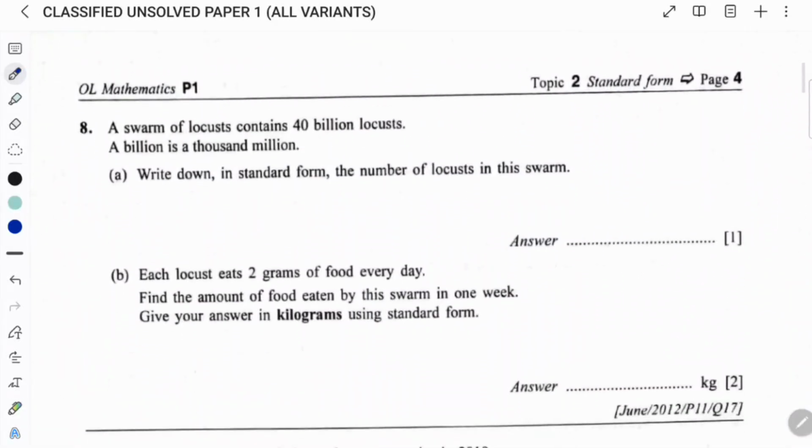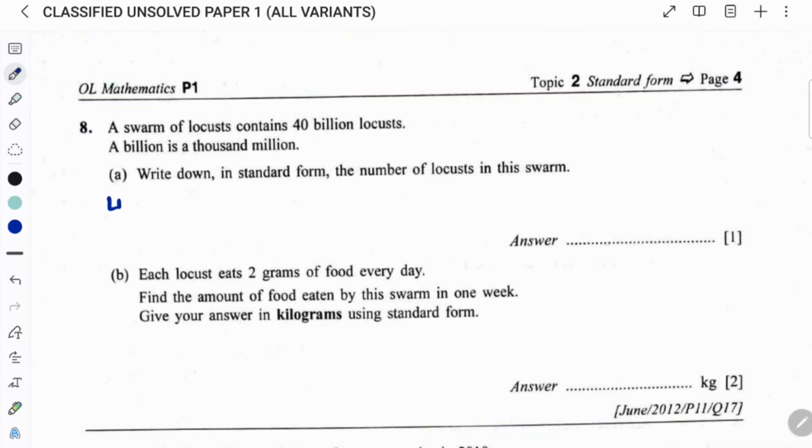Next question. A swarm of locusts contains 40 billion locusts. A billion is 1,000 million. Write down in standard form the number of locusts in this swarm.